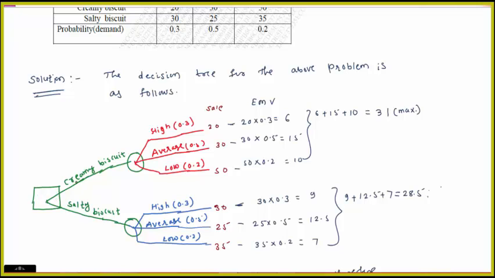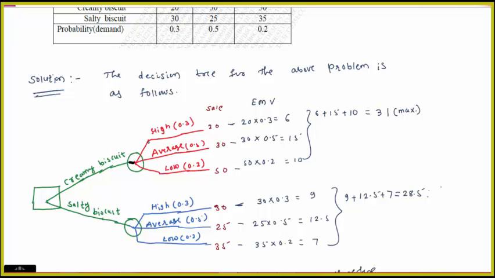From this decision node, decisions emerge. The first decision is creamy biscuit and the second decision is salty biscuit. And then we have these circles. The circles represent the states of nature nodes, and initially this is the decision node. So these two are the decisions, creamy biscuit or salty biscuit.